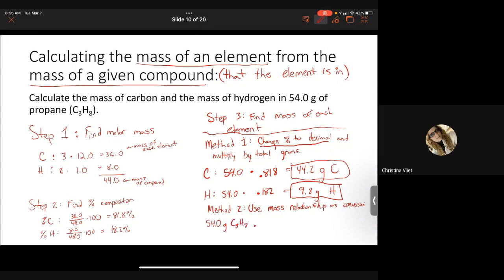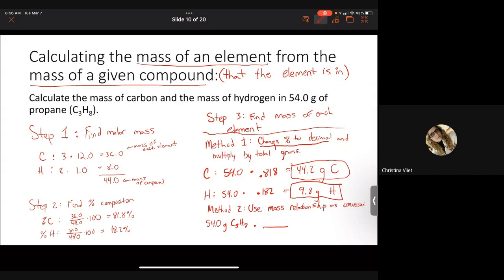We do want to specify what it is we have. And the idea is the following. I know that for 44 grams of propane, 36 of those grams are carbon. So I could put 44 grams of propane on the bottom and 36 grams of carbon on the top.